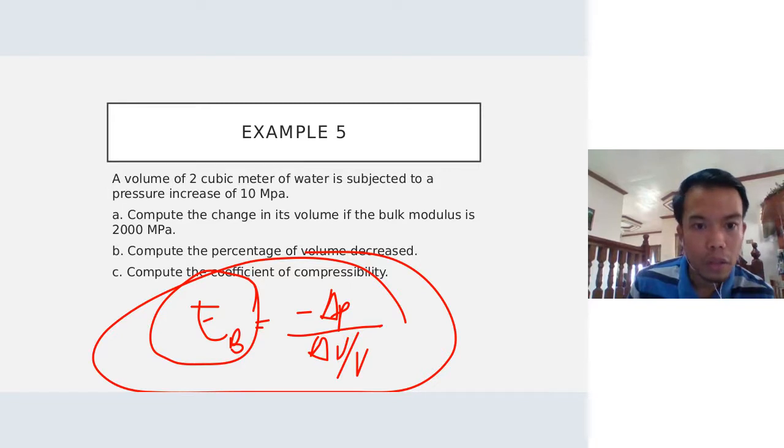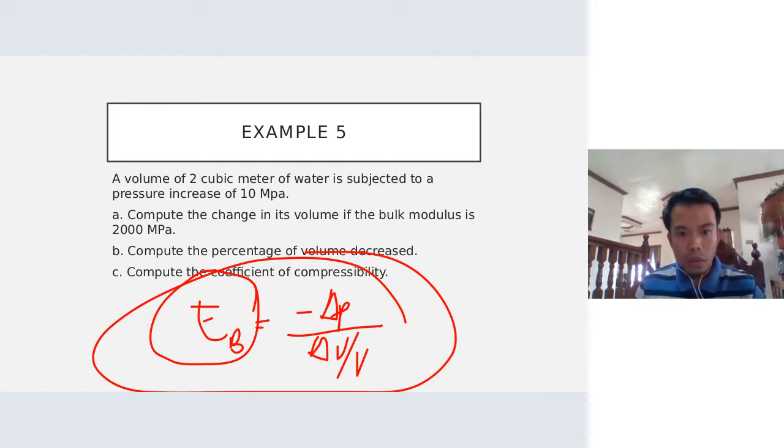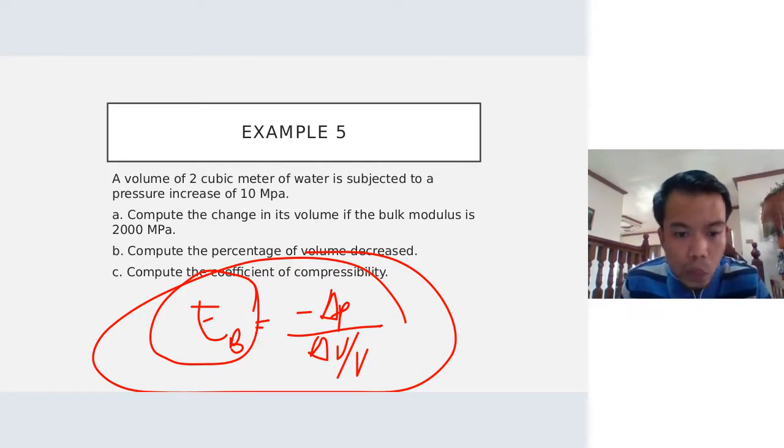Sige, tas to answer your question, Andrea, anong item yun? Number 4 or number 6?